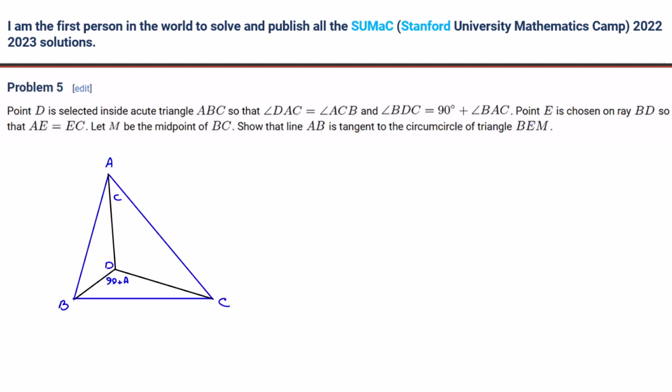Point E is chosen on the ray so that AE is equal to EC. Because AE is equal to EC, it lies on the perpendicular bisector. So if we consider AC, we extend something like this and draw the perpendicular bisector like this one.